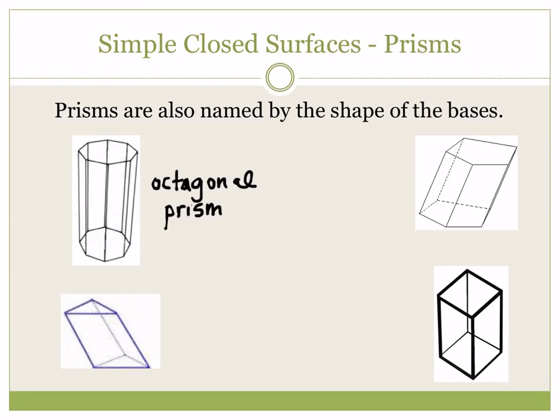If we were being the most descriptive possible, we should know which one it is and use that word. But this one over here, we know that this is pentagonal oblique prism.